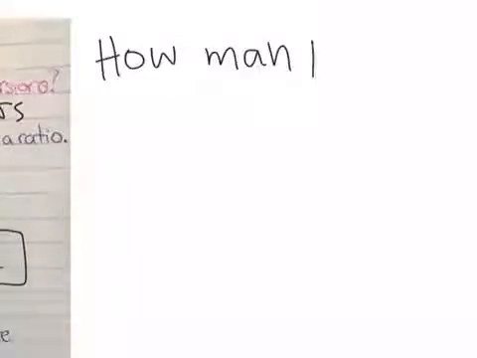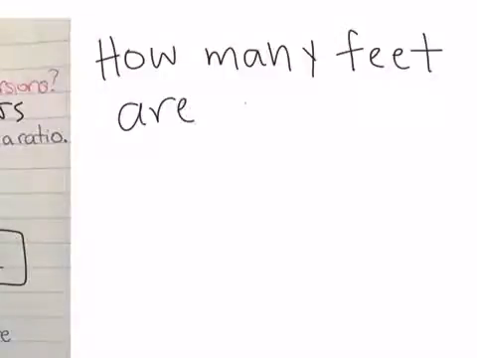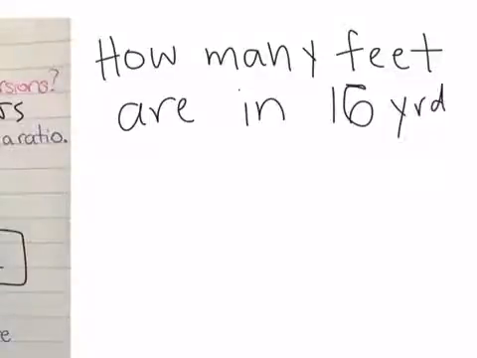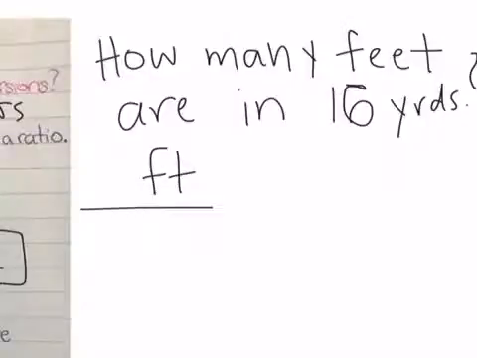What if we did how many feet are in, say, 16 yards? Okay, that is our question. So if we are looking at feet to yards, this is what we've got. We know that there are 3 feet in 1 yard.